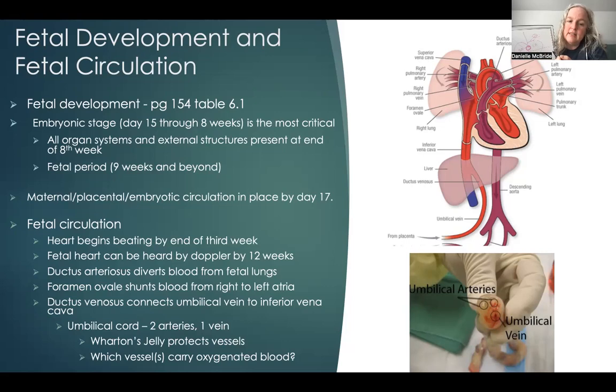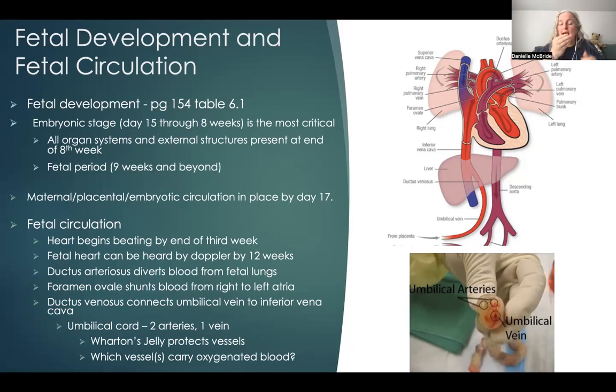And that shunt is the ductus arteriosus, and that puts the blood into the aorta. Now, you don't have to have all of this memorized, but I want you to know how this works, because later when we have the baby and we talk about what we expect the baby to do in the first 10 minutes of life, these shunts are going to start closing.